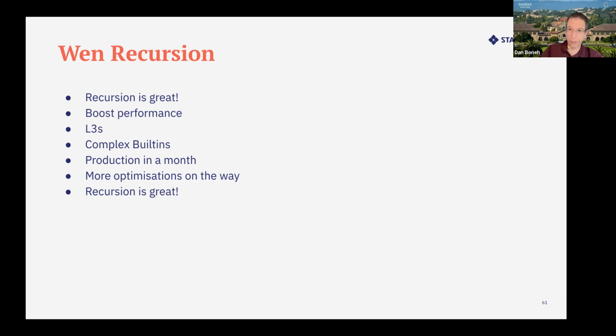And the verifier itself, maybe Shahar will talk about that, but the verifier itself is now written in Cairo. That's what enables recursion to happen. The fact that it's written in Cairo probably made it easier to write, and it's also more flexible.